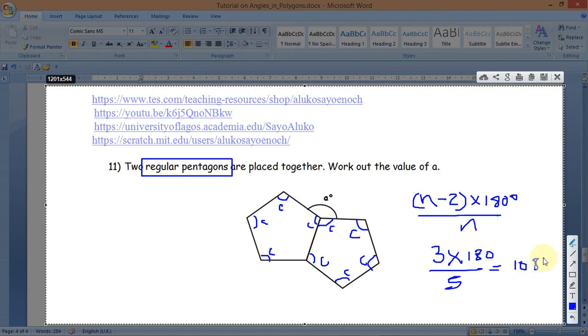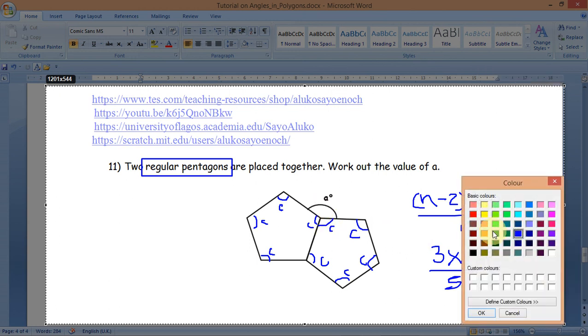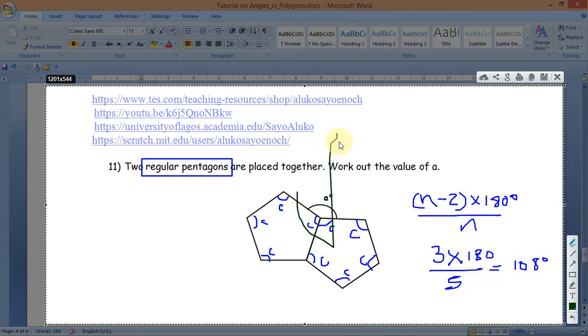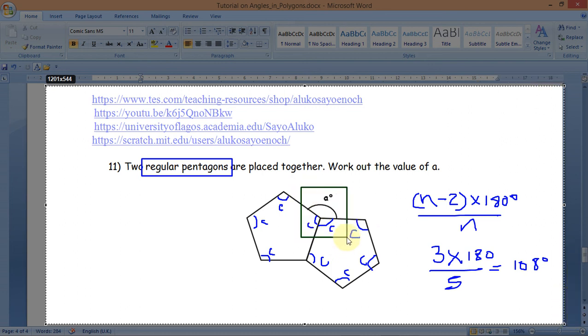Now guys, there's no problem again. Let me change the color now to green. If you look at this angle here, C plus C plus A is the angle sum at a point, and the angle sum at a point is 360.